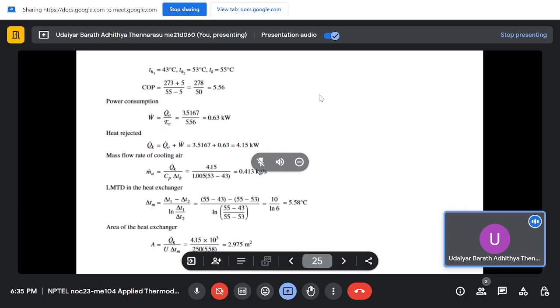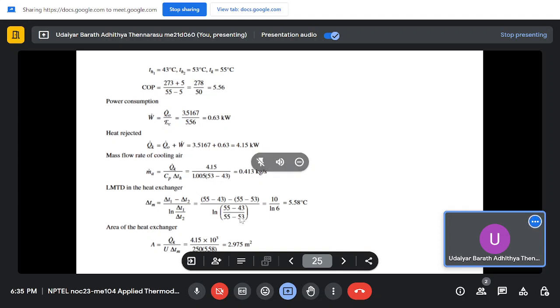We know that in the condenser the temperature is at 55 degrees Celsius, and the fluid which is coming in is at 43 and going out is at 53. So the temperature differences at both ends are 55 minus 53, at the hot side, which is 2 degrees Celsius, and 55 minus 43, which is 12.